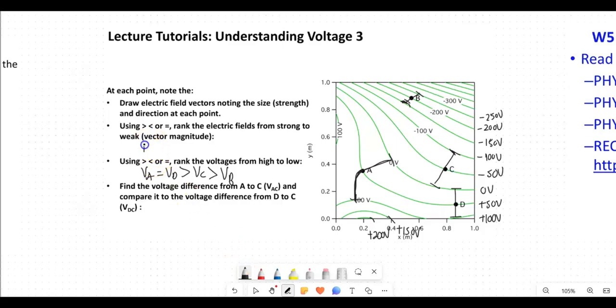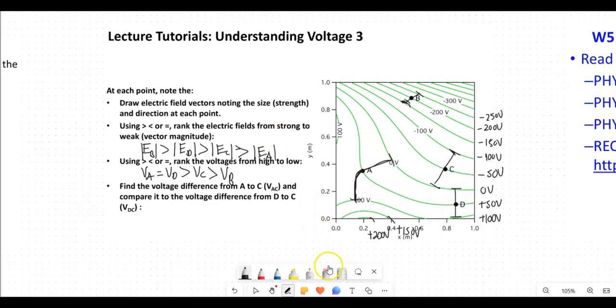Well, the electric field, and we're just thinking about the magnitudes of these, at B is the most concentrated, right? And then it looks like D has a larger concentration than C. And then finally, A's concentration, which, density, is really small. So we're just looking at the magnitudes of those numbers, right? The larger value, stronger, okay?